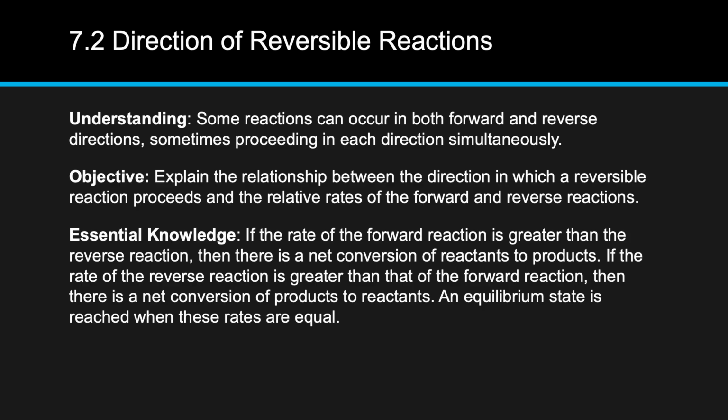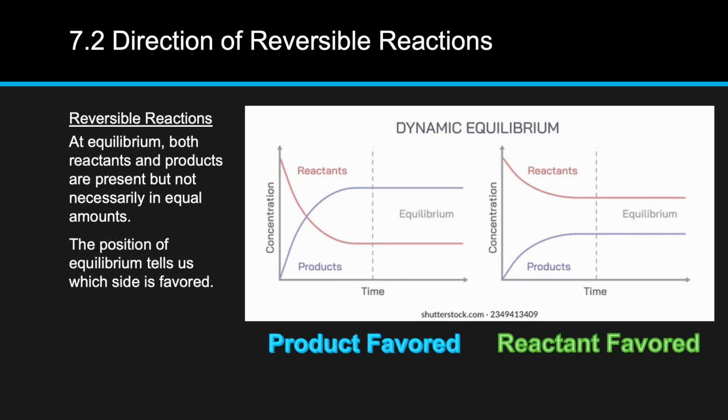All right, so let's move on into 7.2, which is on direction of reversible reactions. So today, your objective is to explain the relationship between the direction in which a reversible reaction proceeds and the relative rates of the forward and reverse reactions. At equilibrium, both reactants and products are going to be present, but they're not necessarily present in equal amounts.